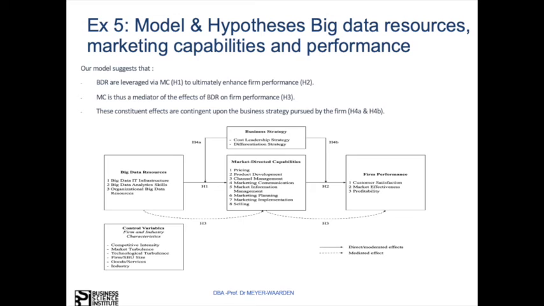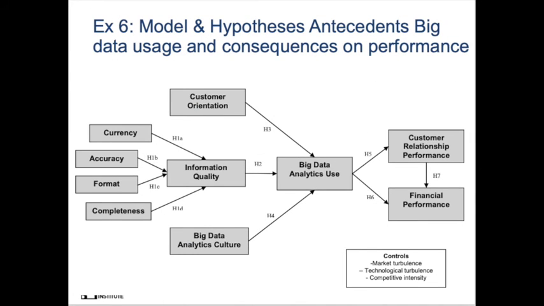And there's one moderating variable, which is the business strategy, namely differentiation versus cost domination, according to the framework of Michael Porter. Or here we have independent variables, data accuracy, format and completeness, which influence the mediating variable, information quality, and subsequently big data analytics use, and the dependent variables are customer relationship performance and financial performance.